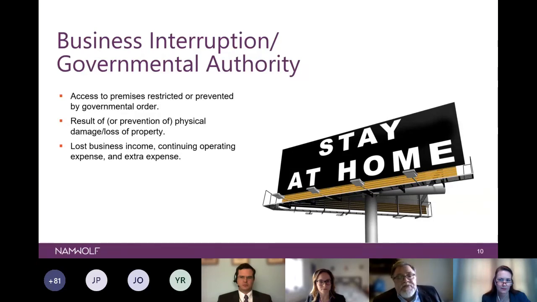With this coverage, it's going to be very important to look at the nature of the governmental order, whether or not the order specifically identified property damage and the avoidance of property damage as a basis for the order, or whether it was simply a broader order to avoid physical bodily injury. That will make a difference in the coverage analysis.